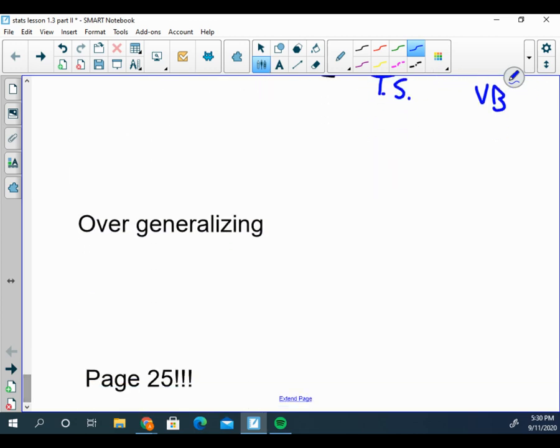And finally, here we're going to look at overgeneralization. Okay, what do we mean by overgeneralizing? Well, if I overgeneralize here, let's say I do a study on drugs, okay? I study a drug and it helps rats run faster, okay? And I do this in a controlled environment in New York. Does this mean that wild horses out in Montana would also run faster if I gave them the drug? Absolutely not.